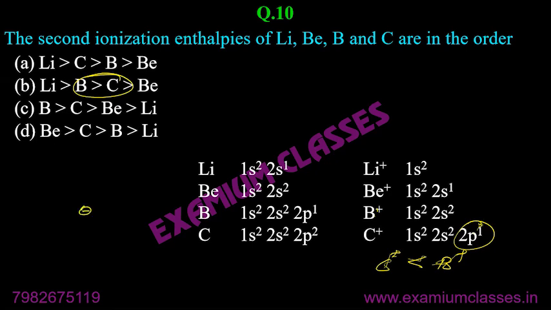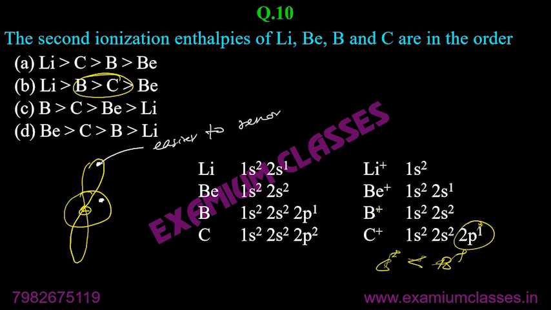The s orbital is the 2s and p is this. In the s orbital, the electron is very close to the nucleus as compared to p. In p, it can be far away, so it is easier to remove as compared to s. So both the reasons lead to the answer B.